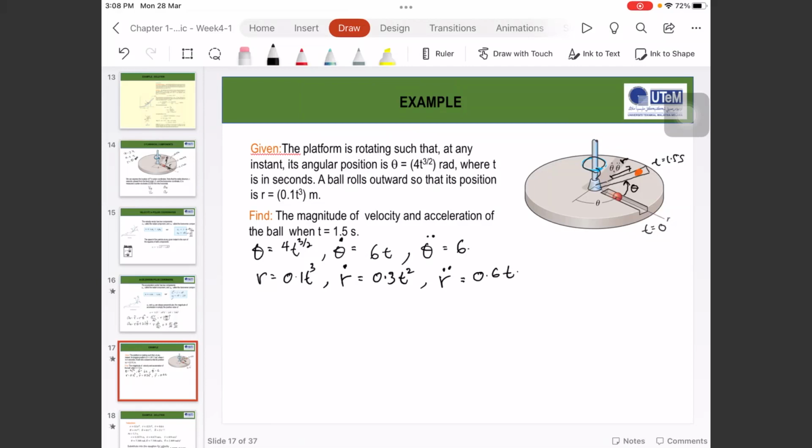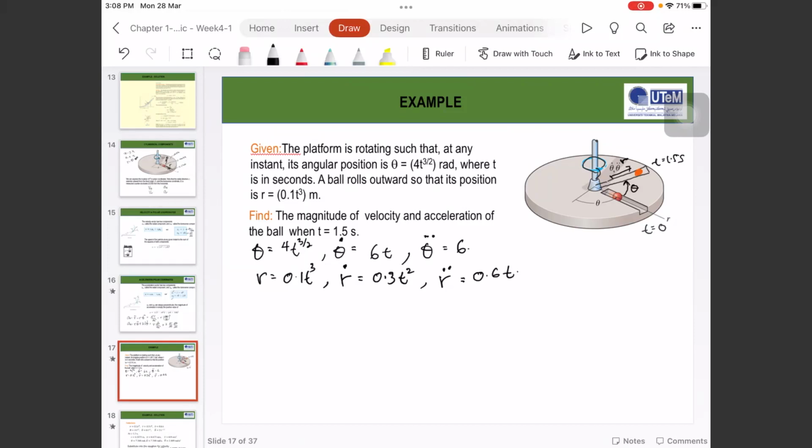Okay. Boleh senaraikan dulu, list down all the theta, theta dot and theta double dot, R, R dot and R double dot.